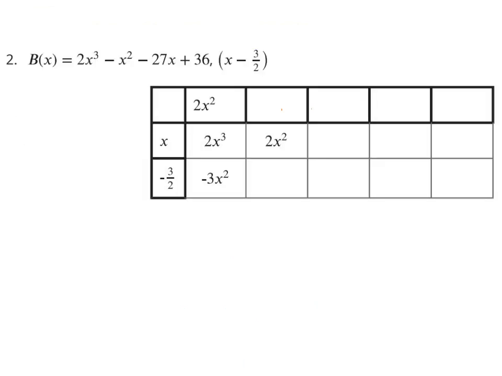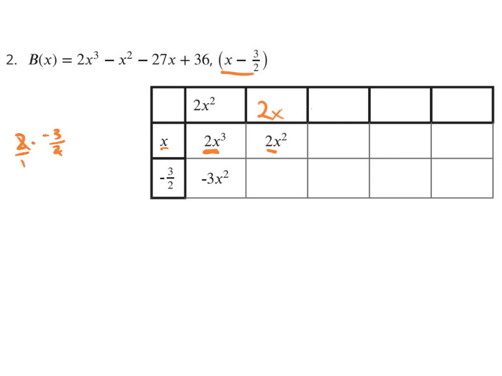All right, now we have our factor as a fraction, and we have to find our original polynomial. So they start us off with 2x cubed. They start us off with 2x squared here. So what times x makes 2x squared? Well, 2x times negative 3, 2 times negative 3 over 2.